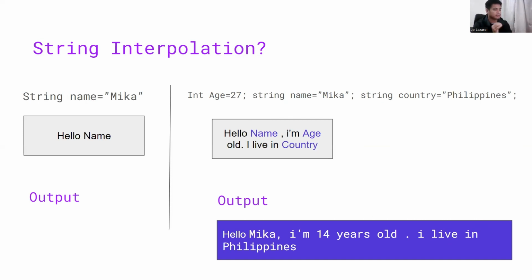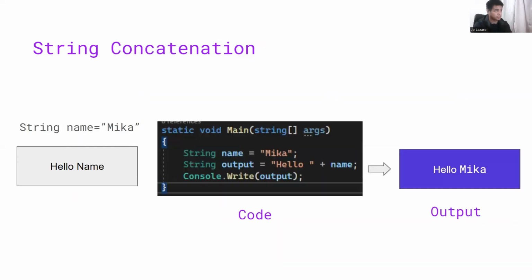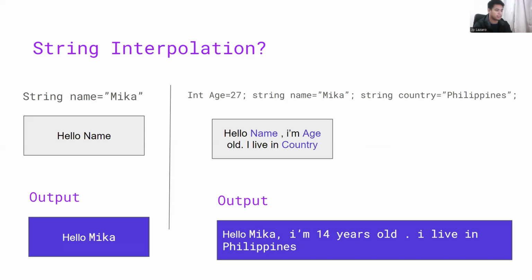So I think concatenation is not applicable anymore. The output that they want to see, for example, is hello Mika, I'm 14 years old. They live in Philippines. So potentially in the future, they may want to have multiple properties aside from these three, for example, 20 properties in just a single output.